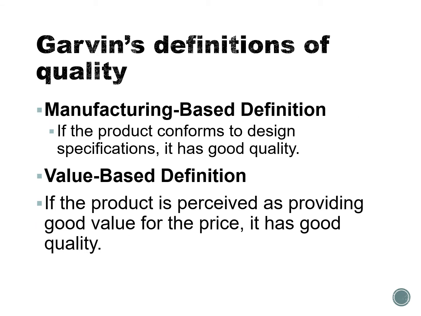So going from the sum of components or user satisfaction, to the manufacturing-based definition. If the product conforms to the design, it is good quality. Of course, this doesn't take into account whether the design is correct, but if the product follows the design to the letter or fulfills all the requirements set by the design, it's of high quality.